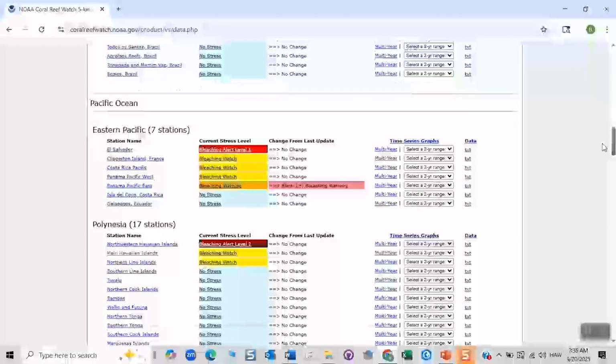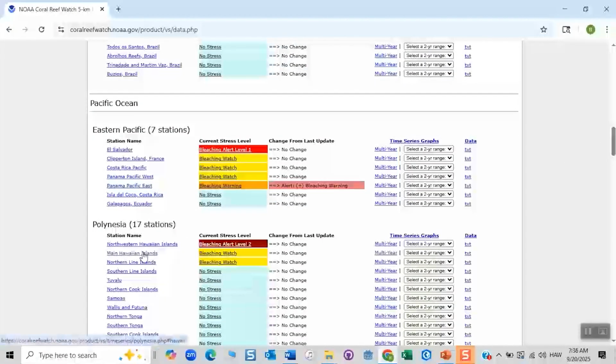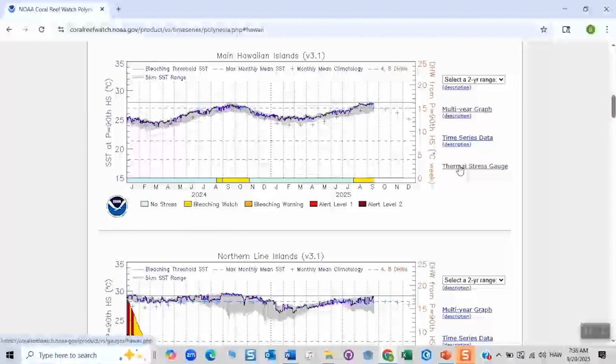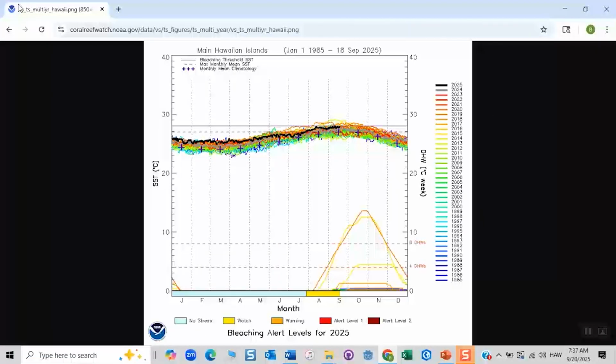We'll scroll down to the main Hawaiian Islands product here. You can see that we have all the products available for all over the world. So depending on where you are, you can use this tool in a similar way to find what you may be looking for. If we go to the main Hawaiian Islands, the first thing we'll do is go to this multi-year graph here.